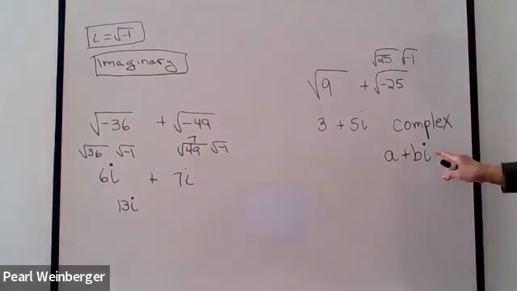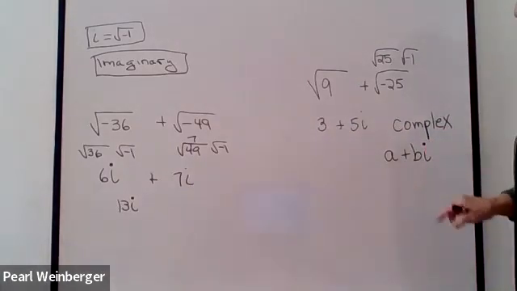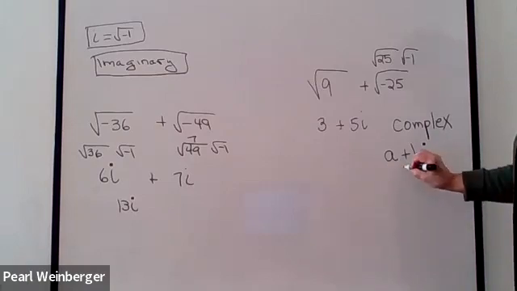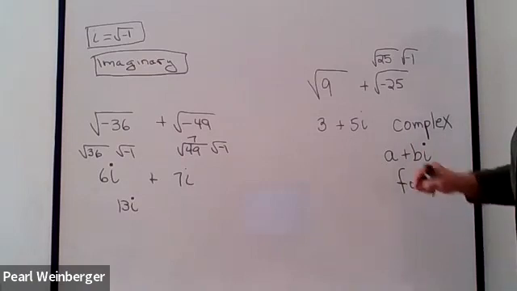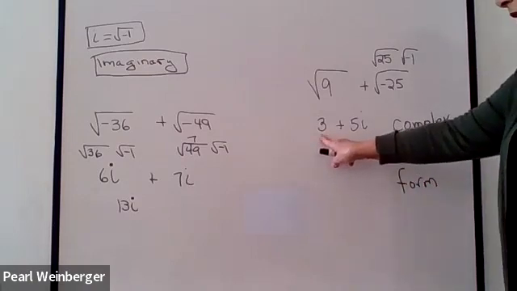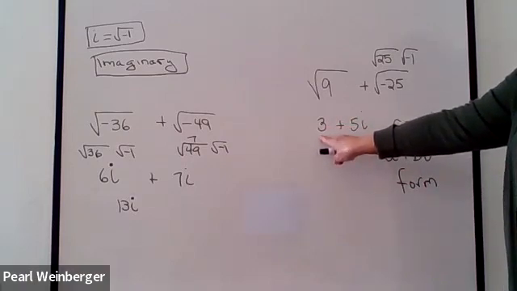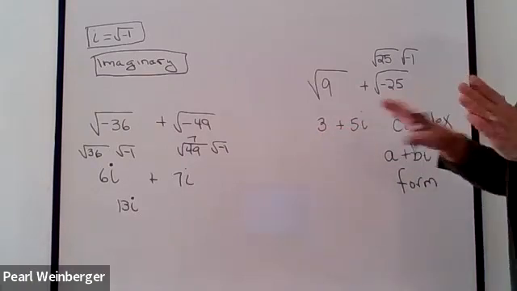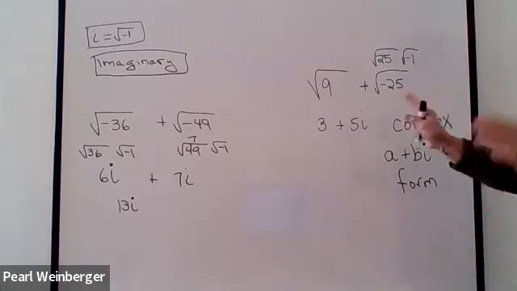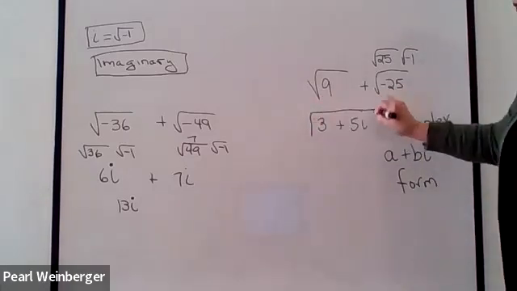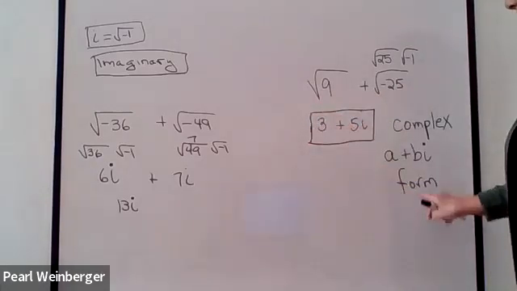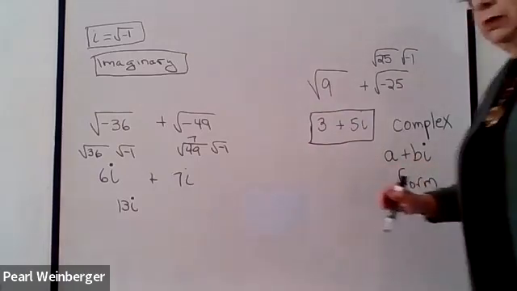Whenever you're told to give your answer in a plus bi form, what it means is that you're going to look to get your answer with an i in it, but be careful not to add the i part to the non-i part. It's like 3 and 5x, you can't combine them. 3 plus 5i can't be combined. Your answer would be this number. This is a plus bi form.